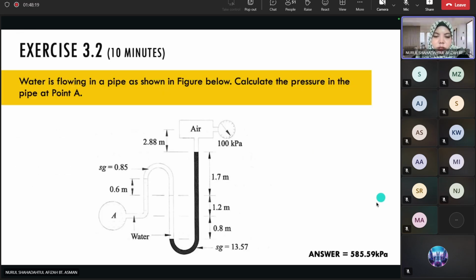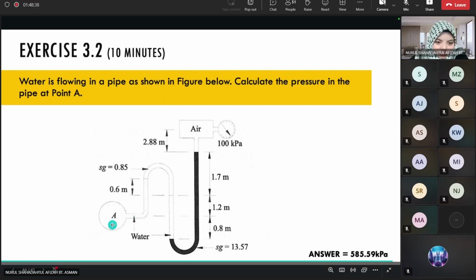On this one, exercise 3.2. You can try to do it. Boleh try buat lah. This one, a bit complicated. So nanti try buat. To calculate the pressure at point A. Here lah.